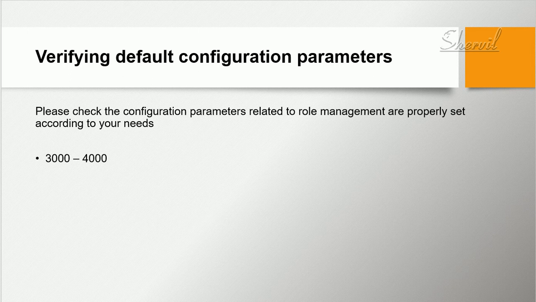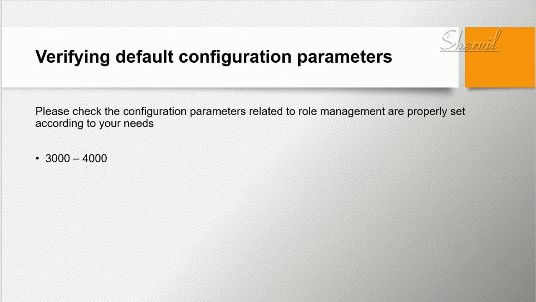And also the configuration parameters. Now these range from roughly 3,000 to 4,000. We'll go into detail in another video and see what those parameters related to BRM are and what they do.